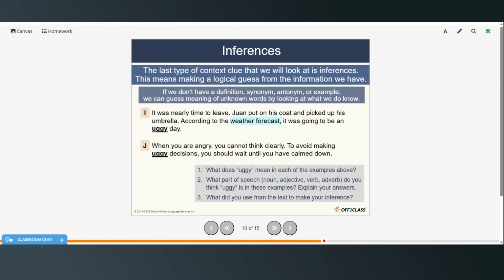And we can get that through inference by talking about angry, not thinking clearly, and waiting till you have calmed down. So that would suggest that an ugly decision is one that's made in the heat of the moment without really considering things carefully. This would be an adjective because it's describing the noun decisions.